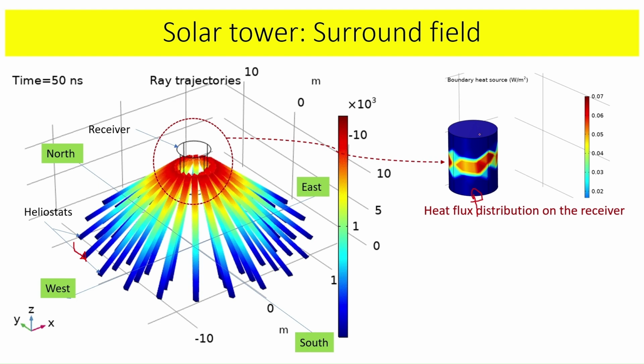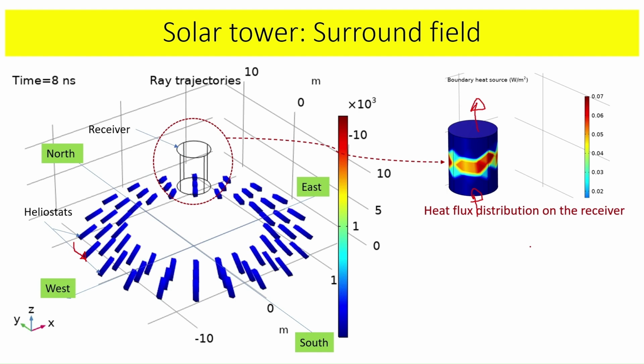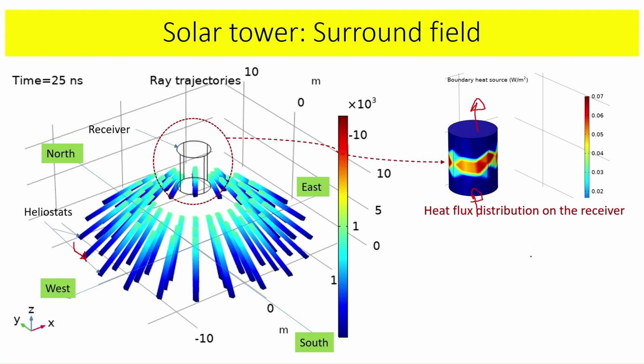This heat is absorbed by the working fluid, which is then ultimately sent to the power plant for electricity production or for various other purposes. It need not be just a power plant. It could be a process industry, a metallurgical industry, or some other industry where you need high temperatures.